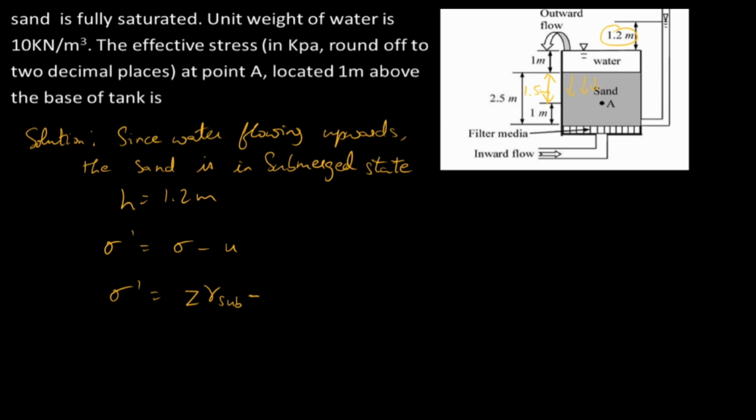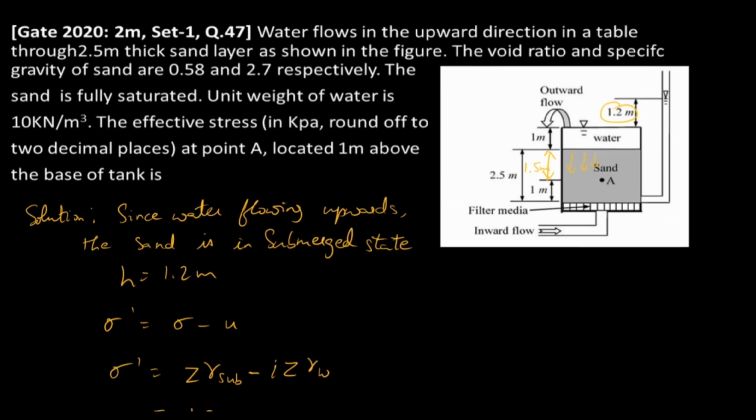So it is i Z gamma W. Why have we taken i? Since there is a head loss, we have taken i. So it is equal to Z gamma sub, 1.5 into submerged unit weight.